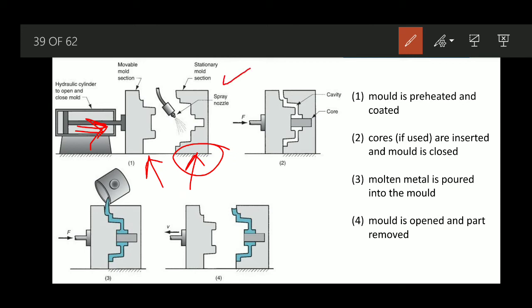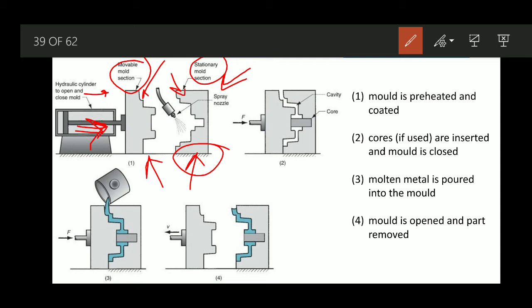This particular mold section is stationary. The section fitted with the hydraulic system is the movable mold section. Whatever mold cavity is required, or sometimes we can also use the word die here, based on the required shape we have to give those details on the two surfaces. We have to see how they are going to conform and match.